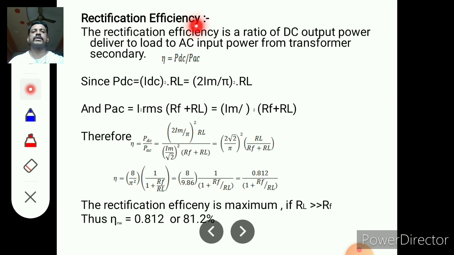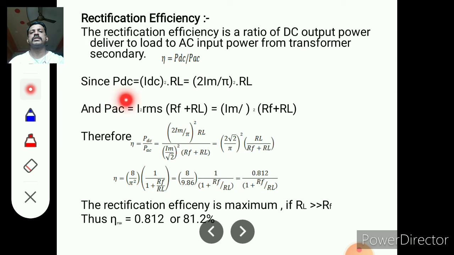Rectification efficiency. The rectification efficiency is the ratio of DC output power delivered to the load to the AC input power from the transformer secondary, that is, eta is equal to PDC upon PAC. PDC means DC output power, PAC means AC input power.